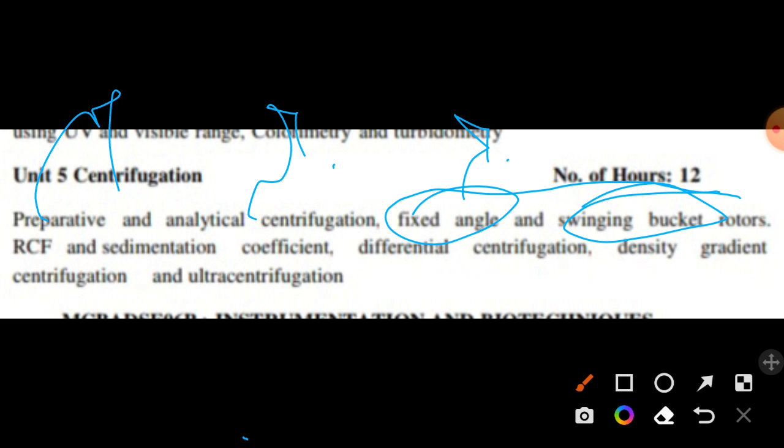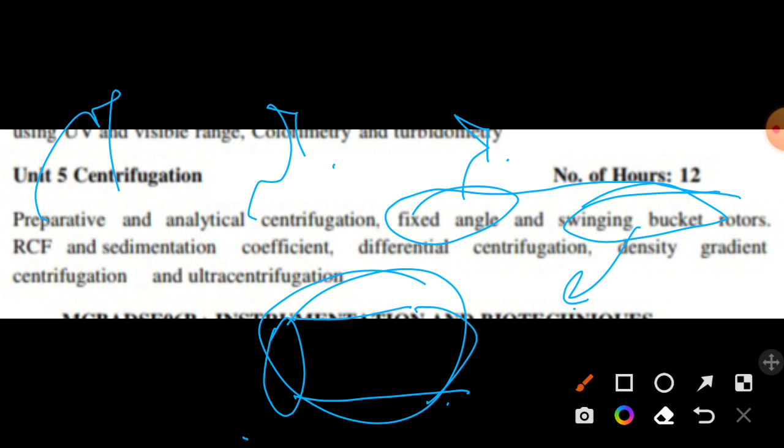In the case of a swinging bucket rotor, we have taken our tube horizontally at a 90 degree angle. Although it cannot provide as fast a separation as the fixed angle rotor, it can accomplish the movement of all types of particles.